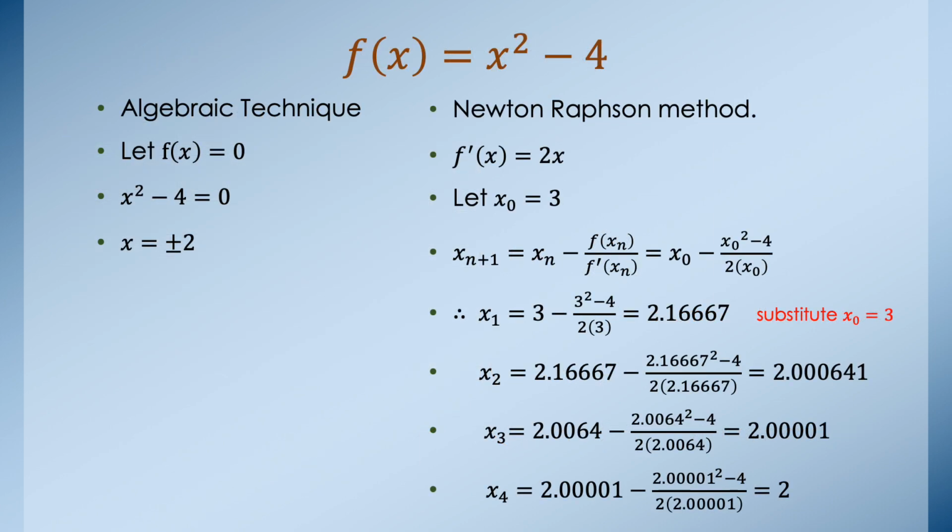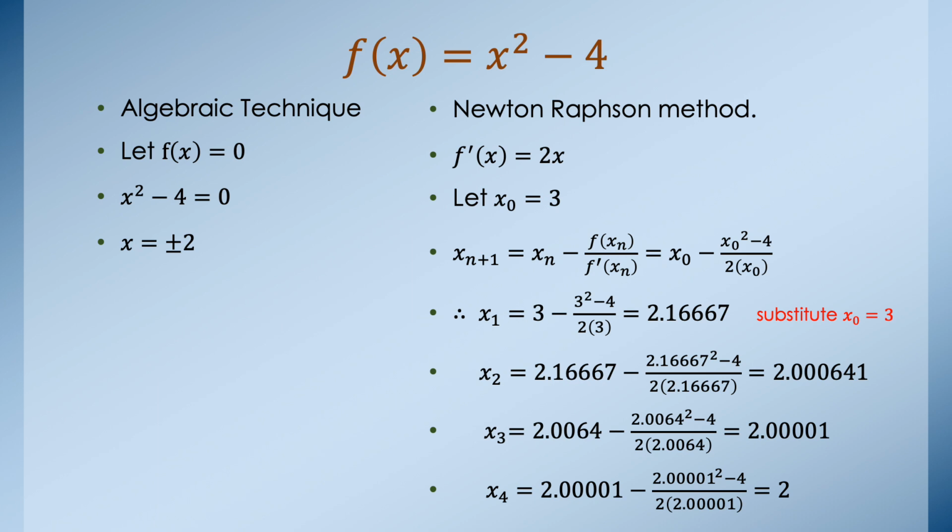We are going to determine the root of a function by using the Newton-Raphson method. Now we use a simple function, x squared minus 4, to determine how close the approximate root from the Newton-Raphson method is compared with the algebraic technique. For f of x equals x squared minus 4, we let f of x equal 0, then x squared minus 4 equals 0.